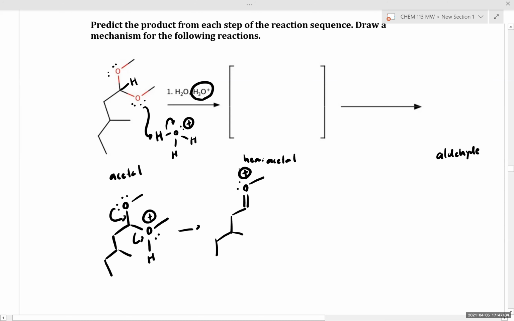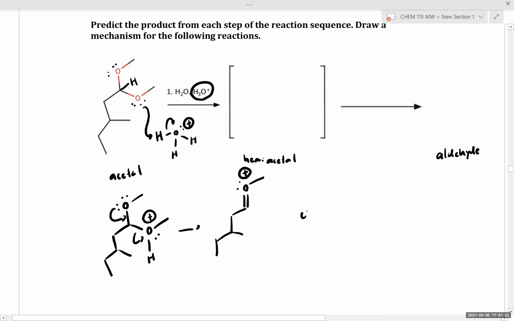Okay, so now if you look at the following species, this reminds me a lot of a protonated carbonyl, right? It's an activated, pretty electrophilic carbonyl functionality.